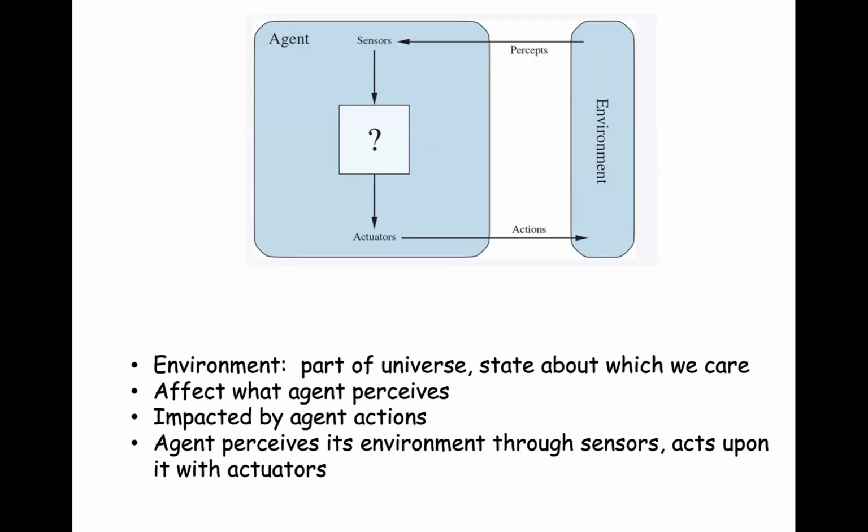And so the environment in which the agent is located pertains to that part of the universe about which we care, meaning the state of this environment we care about. So we care about the state of things local to this classroom, but we might not care necessarily at this moment about what's happening in Boston.